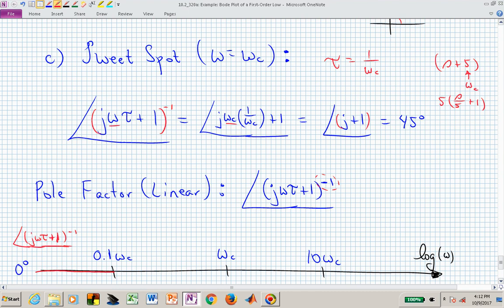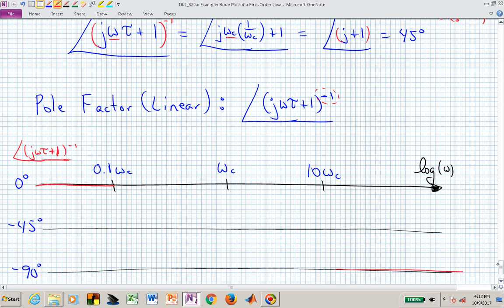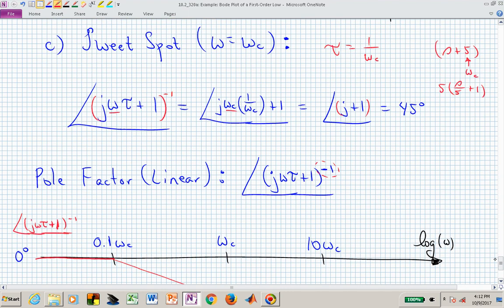So now we are really just going to be down 45 degrees, at minus 45 degrees. We're drawing with straight lines, so I connect a straight line between the two extremes, the high extreme and the low extreme, and in the middle I have a contribution of 45 degrees.